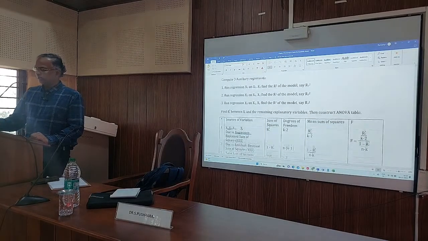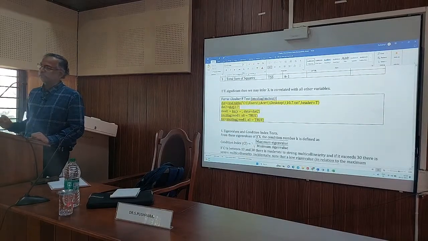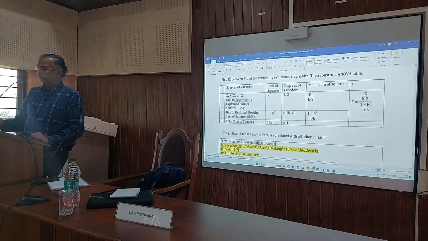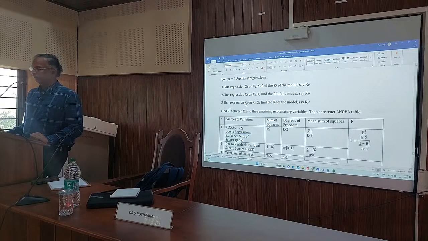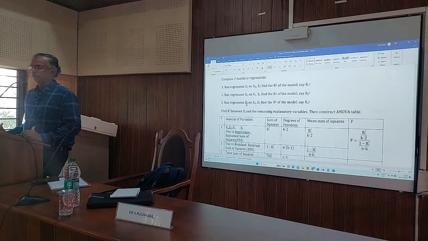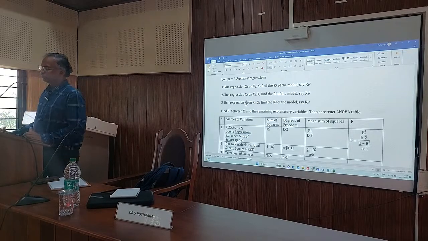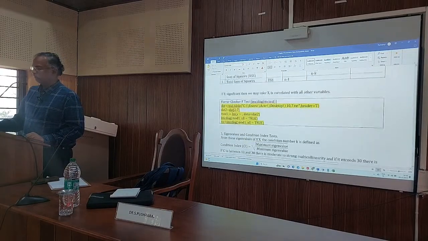If the Farrar-Glauber LM test says the auxiliary regression of x1 is significant, you can say x1 is the main source of the multicollinearity problem. So this is how we identify it.